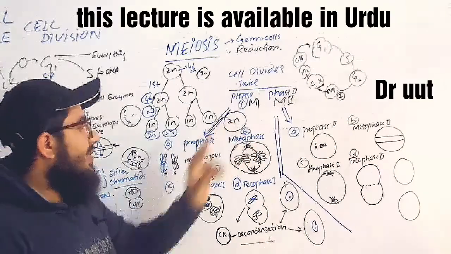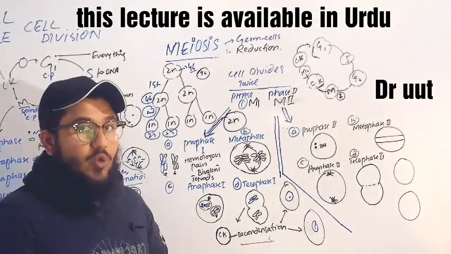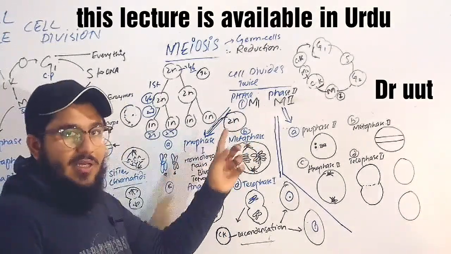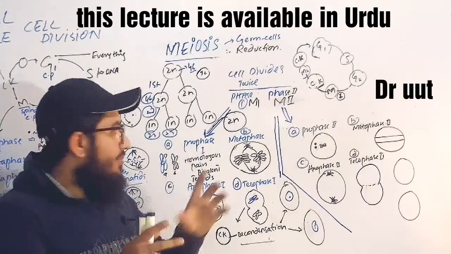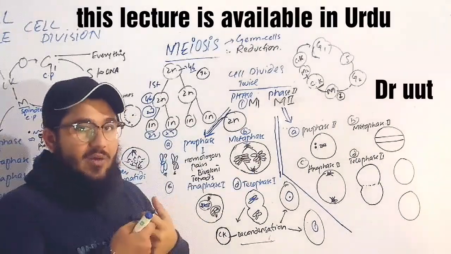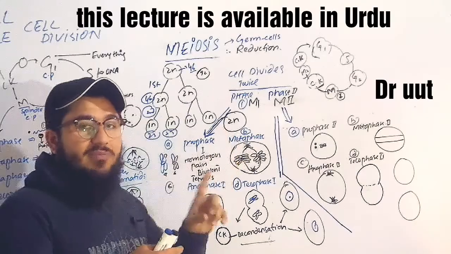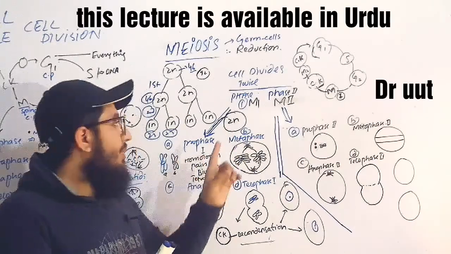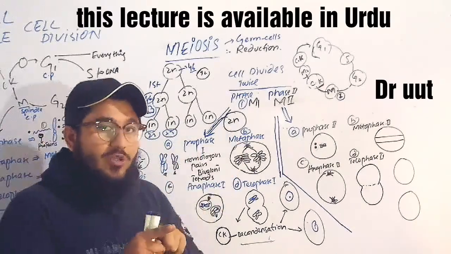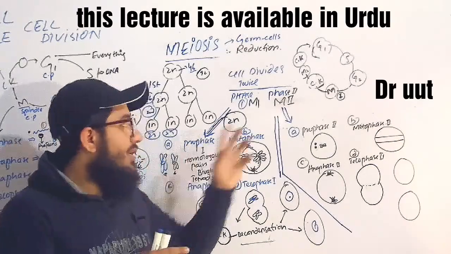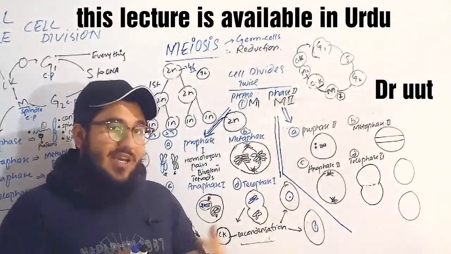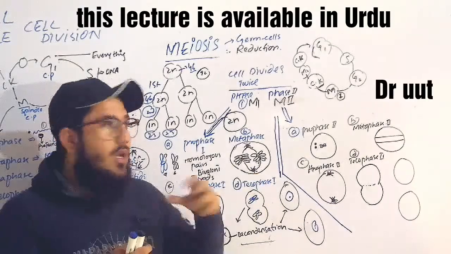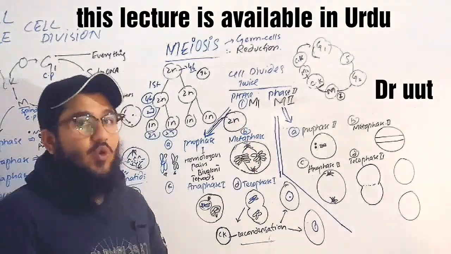This cell has about 92 chromosomes. It is a diploid cell, but it has prepared itself. Before, in this diploid cell there were 46, but because it wants to divide, it has prepared itself in the interphase and gained 46 more. So now this cell has 92 chromosomes.